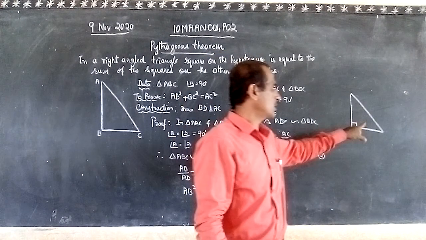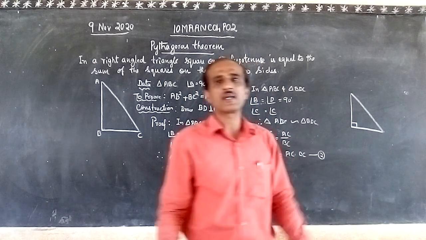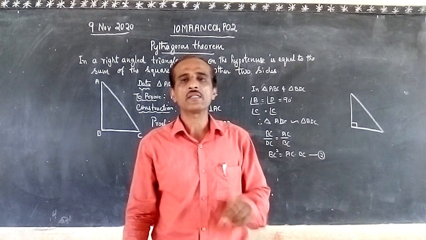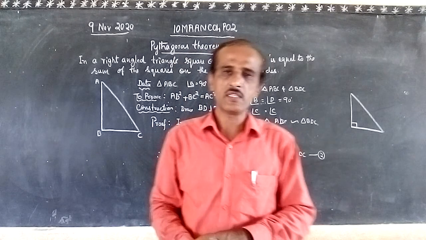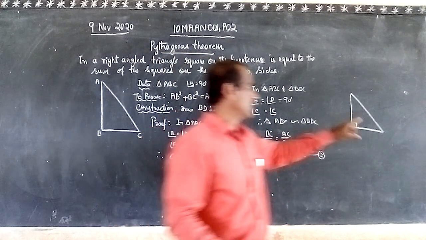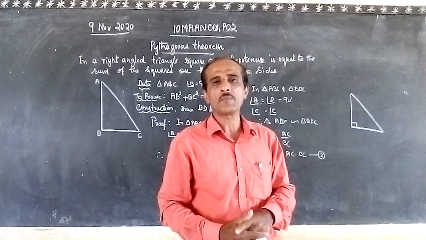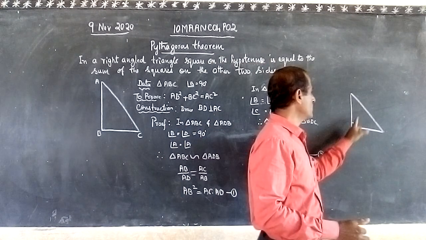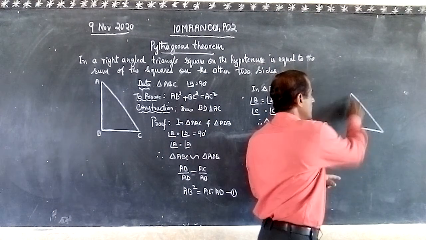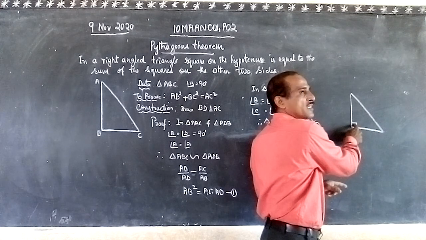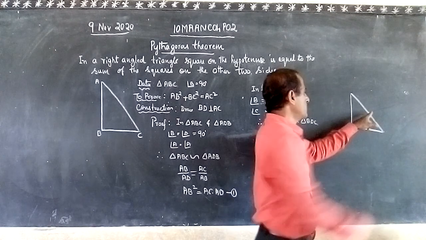This Pythagoras theorem is based on this right angled triangle. So what does the Pythagoras theorem say? The Pythagoras theorem states like this: in a right angled triangle, the square on the hypotenuse. What is the meaning of hypotenuse? The side opposite to the right angle. If in this triangle this angle is 90 degree, the side opposite to this 90 degree is this side.